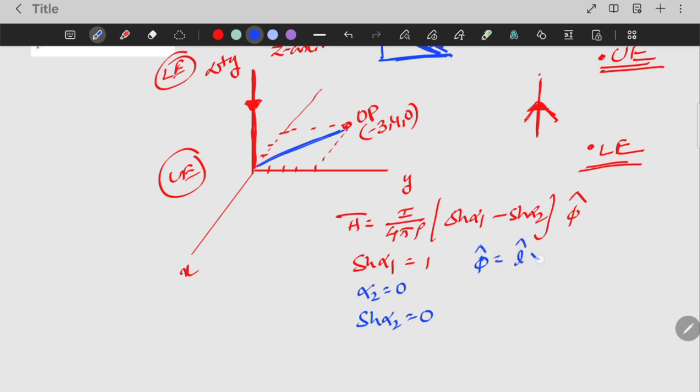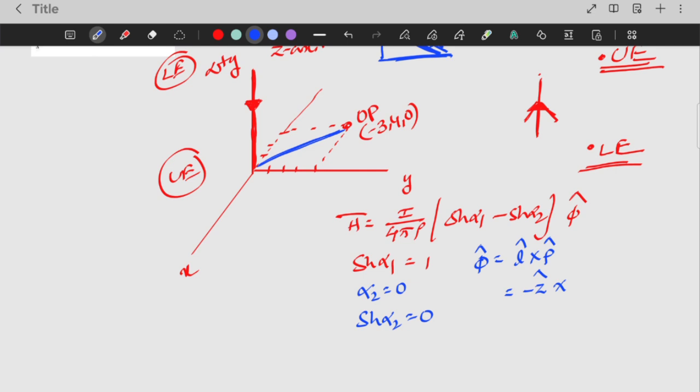Then we will take phi cap. Phi cap is L cap cross rho cap. L cap is based on the current direction, that is in the negative z direction. So minus z cap is in cross product with rho cap. Rho cap is nothing but going towards the observation point from the current conductor.